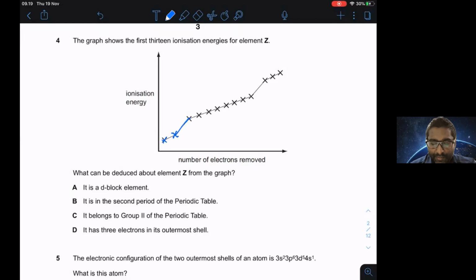That bigger jump indicates that the third electron is in the inner shell. So these 2 electrons are at the outer shell, the outermost electrons. These outermost electrons determine the group. So it's going to be 2, so it belongs to group 2. No need to look at the other things. So that's going to be the answer.